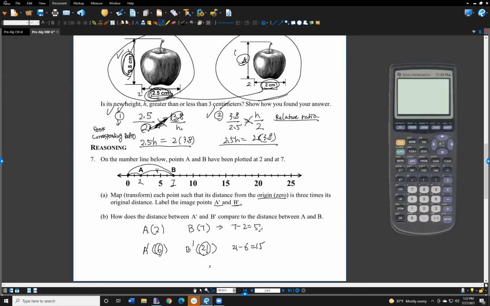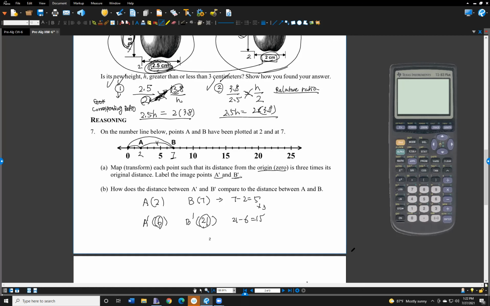Can you see that? Also times 3. Any corresponding side is always in proportion, okay? Corresponding side means distance, distance. So the distance compared is 3 times. AB is 3 times A prime B prime. You can write it this way.